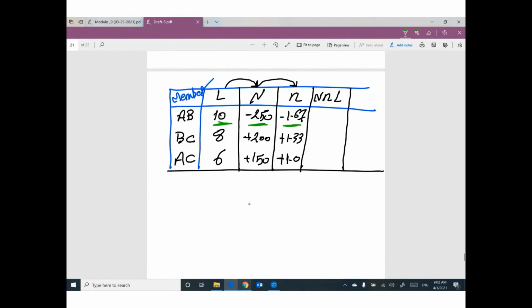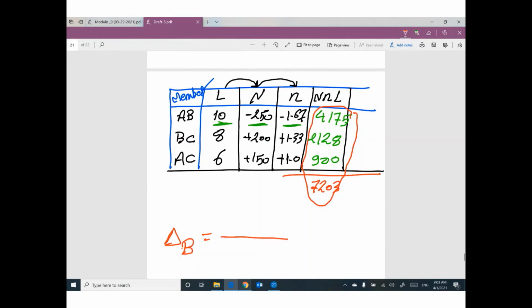We will have here 4,175, 2,128, 900. Can you make the summation for this column? What is the summation? The summation will be 7,203.